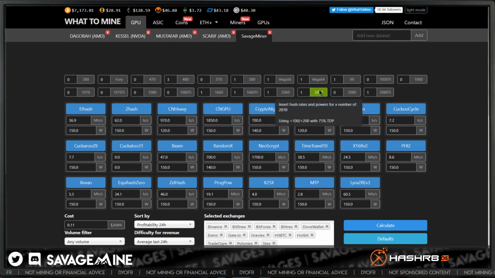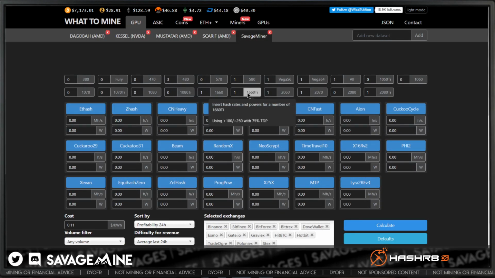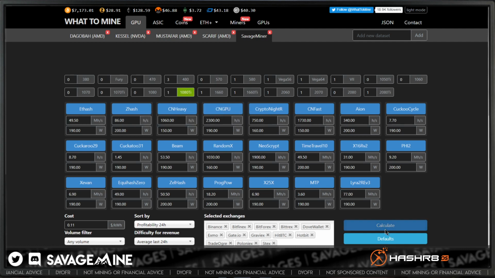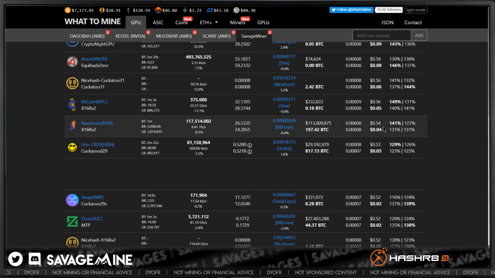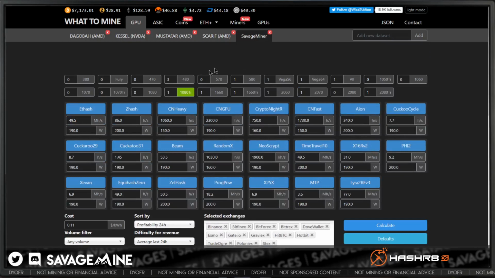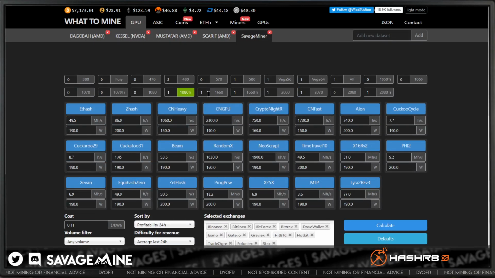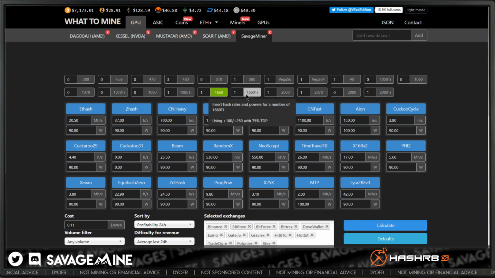So yeah, right now, efficiency wise, for sure, the 1660 and 1660 Ti are both pretty much killing it. Check out a 1080 Ti here. Yeah, 4 cents. So nothing's really killing it or anything, but as far as cost and efficiency and all that stuff, the 1660 is looking pretty good on Ravencoin at this point.